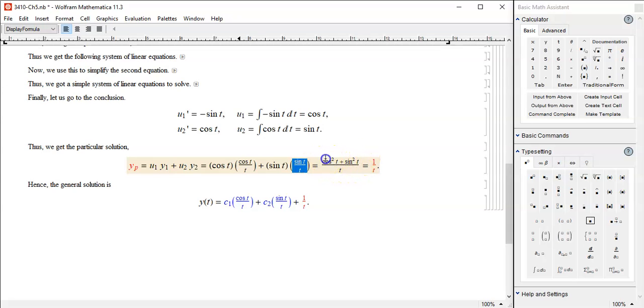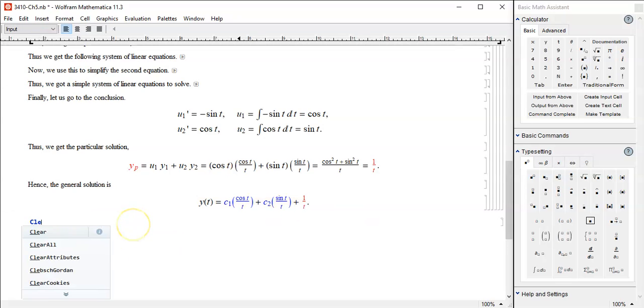The numerator becomes cosine squared plus sine squared, which is 1. So what did we get? We got 1 over t. That is the particular solution. And so the general solution is c1 times cosine of t over t plus c2 times sine of t over t. Those are the general parts. And then the particular solution 1 over t.